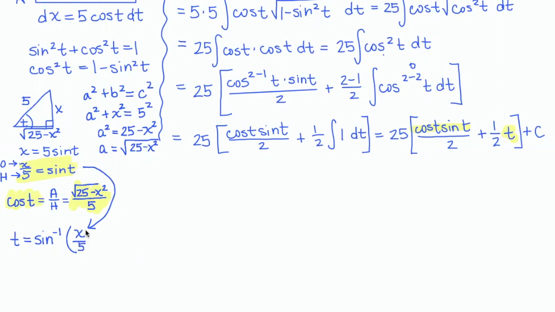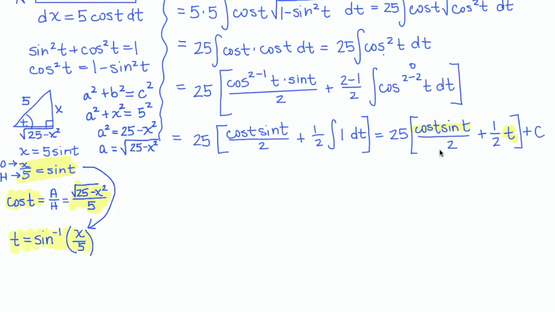So to solve for t, you're not doing something crazy like trying to divide by sin. You can't separate the angle from its trig function that way. What you do is use the opposite operation. So the opposite of taking the sine of t is to take the inverse sine. And again, you always take it of whatever your fractional ratio was. So this now gives me a substitution for t.